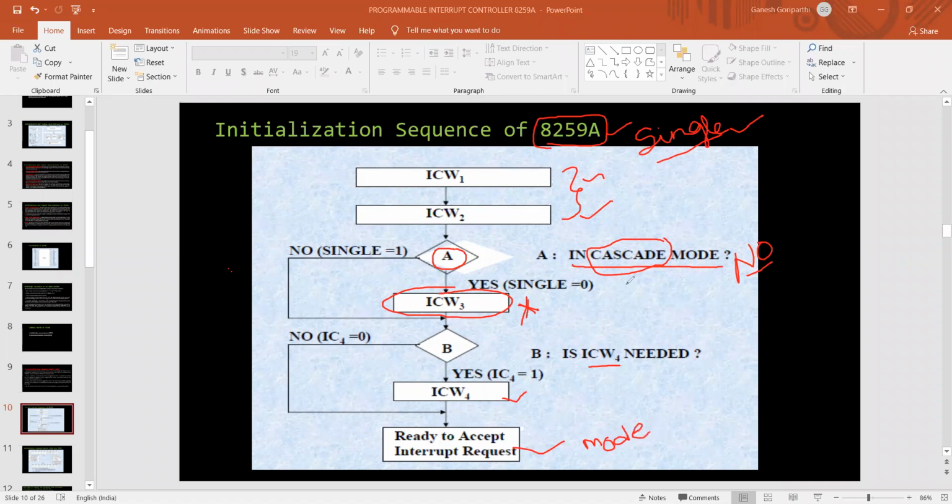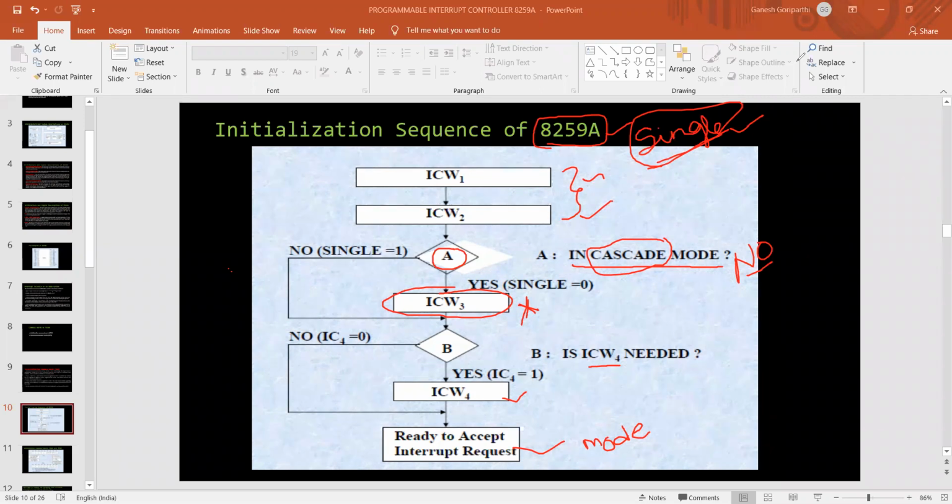Okay, so this is the procedure when you are having only a single 8259. That means you have to restrict yourself to 2 initialization command words when you are operating a single 8259. That is about 2 initialization command words.